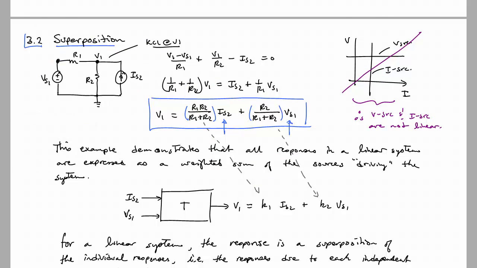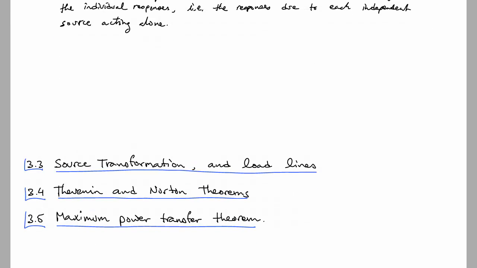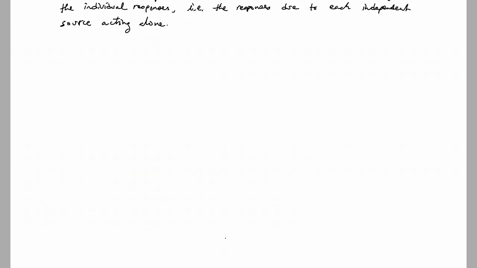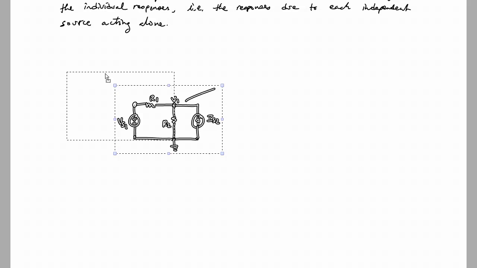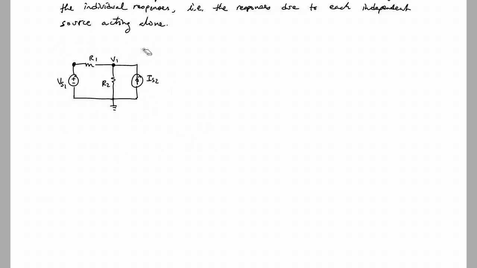So we're going to go back to this circuit and we're going to solve it using superposition. So what we will do is we're going to decompose this into two circuits. So use superposition to solve for V1.